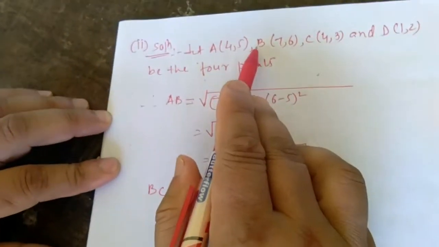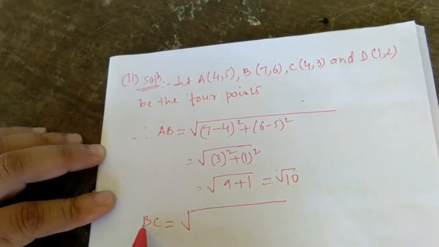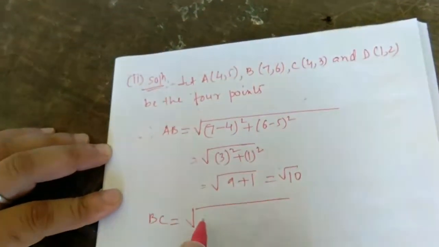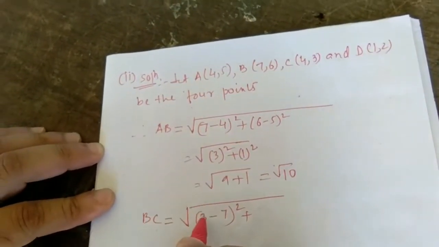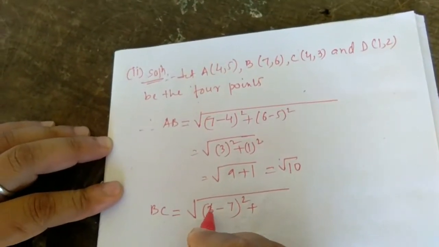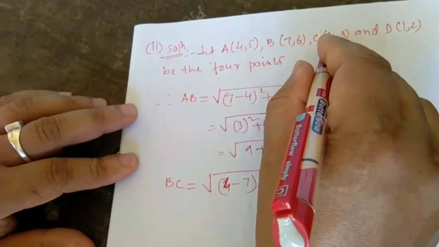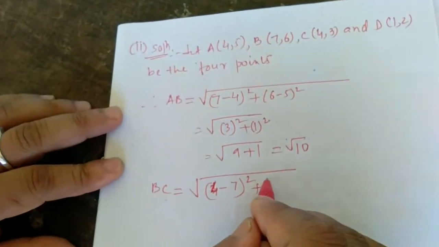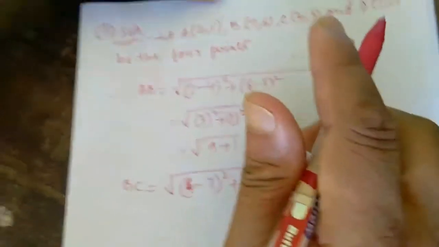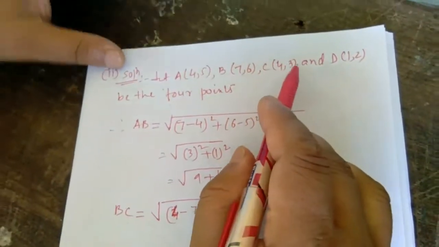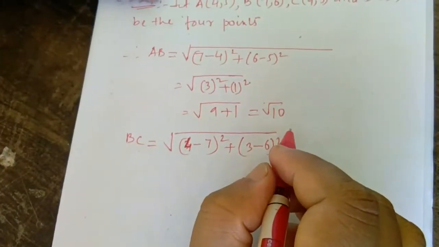BC, compare B and C. The coordinate of C will be your x2, y2, B will be your x1, y1. Here x2 means 4, not 3. X2 minus x1 whole square plus y2, which is 3, minus 6 whole square.